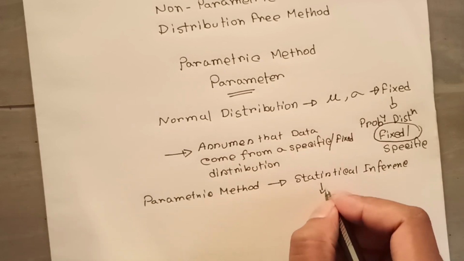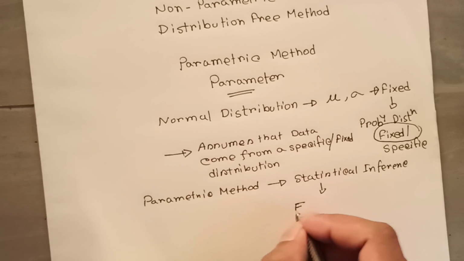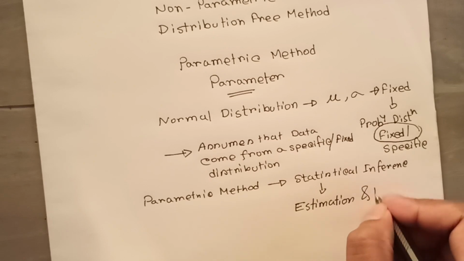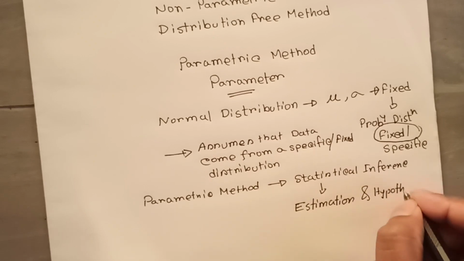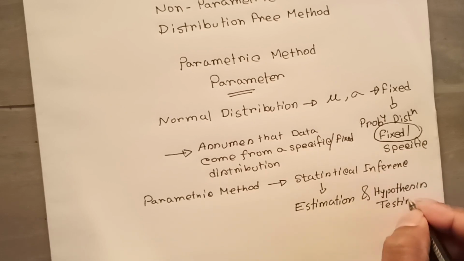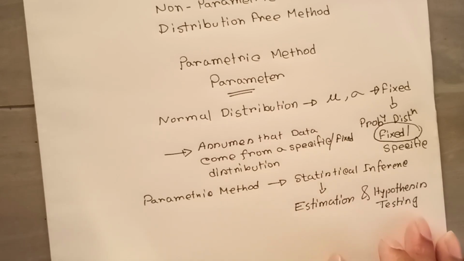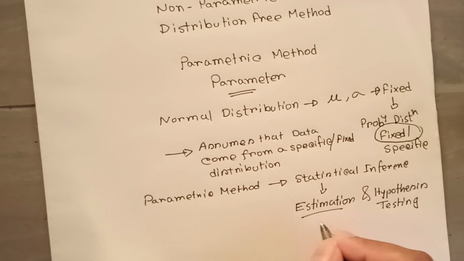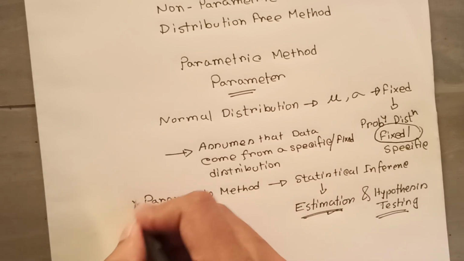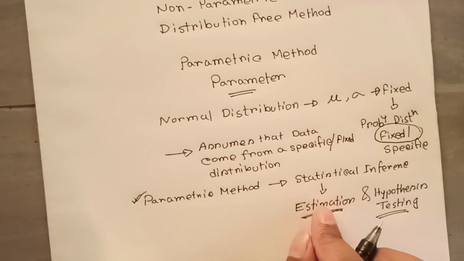And we know that statistical inference is mainly concerned with estimation and hypothesis testing. So those statistical methods which are concerned with the estimation and hypothesis testing of one or more than one parameter of a probability distribution are called parametric methods. It's a formal way to define the parametric method.